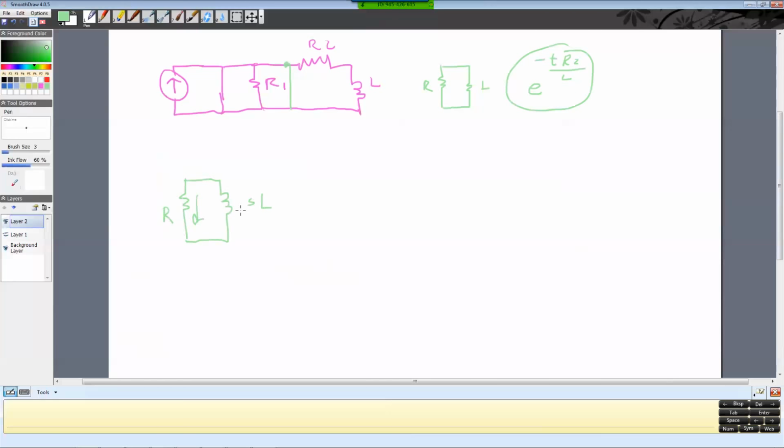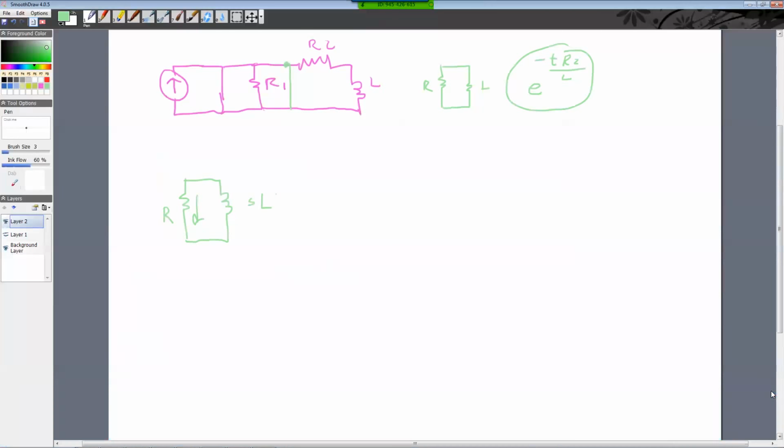We can do, oh, I see you raised your hand, Nathan. Yeah, sorry. When you say that when the switch closes, why does the inductor equation only account for the second resistor? Why does it not count resistor one as in a series?